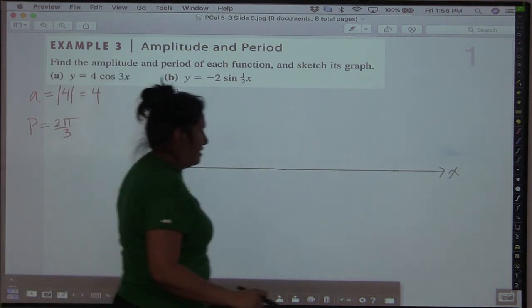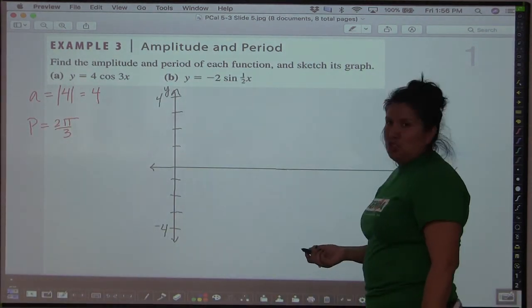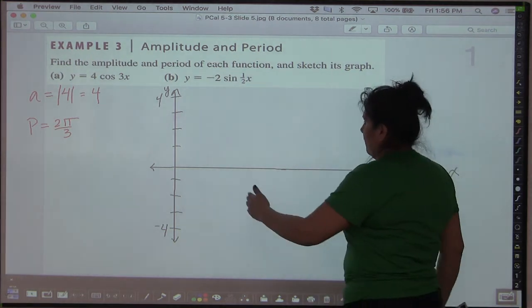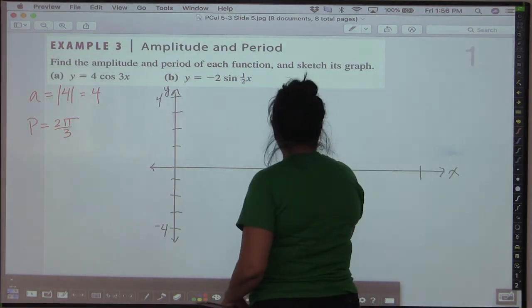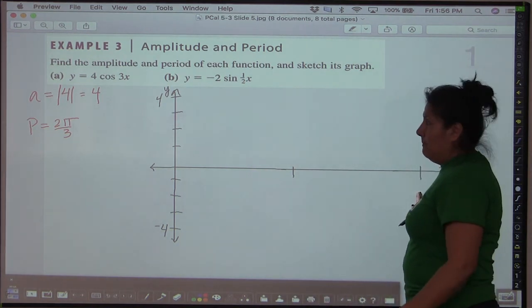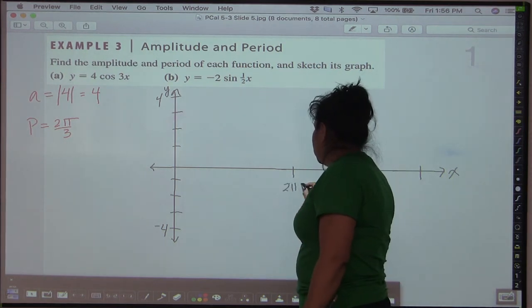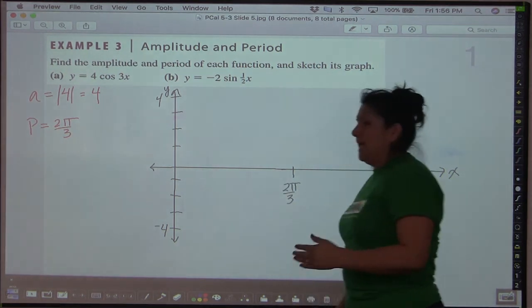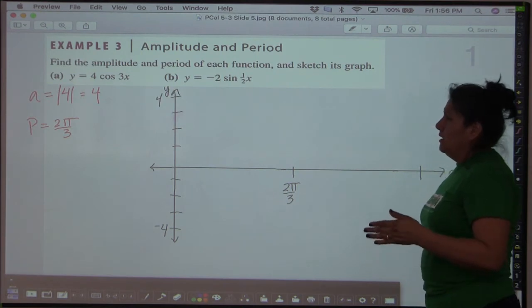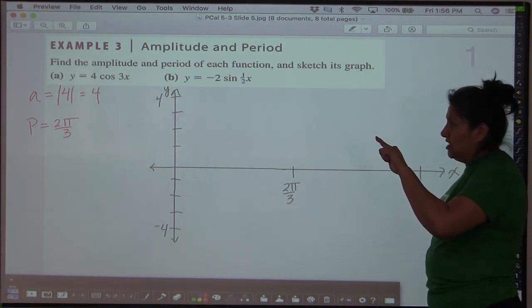But then now I'm still going to go clear over here, but my period is 2 pi over 3. So instead of completing one cycle at 2 pi and 4 pi, my period is now 2 pi over 3, which means that instead of it taking 2 pi to complete one circle around, it's just like it's going faster.